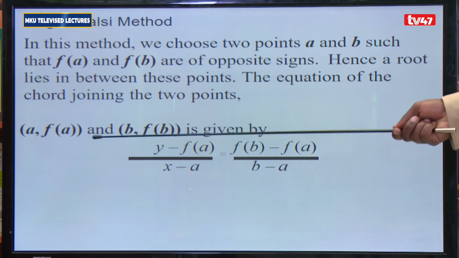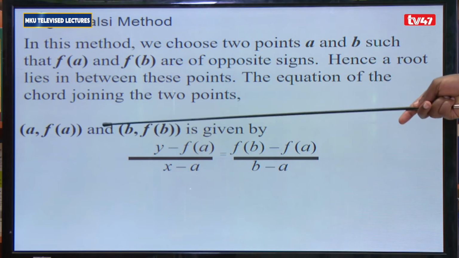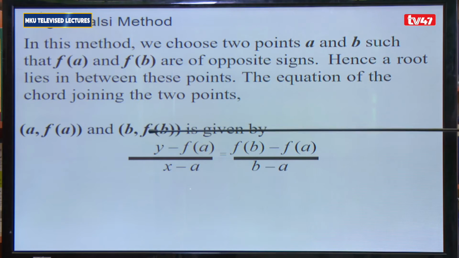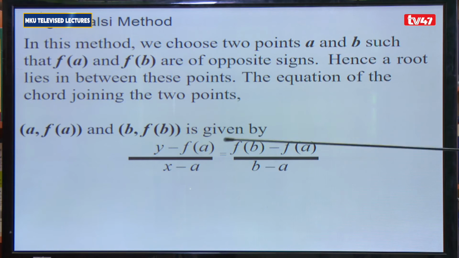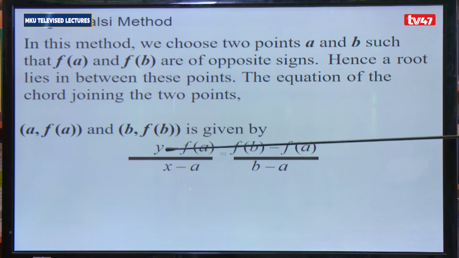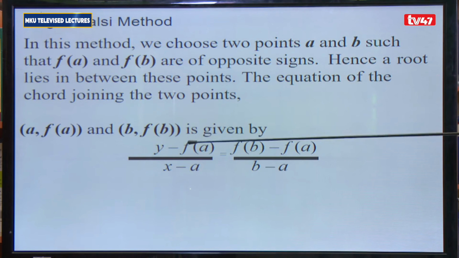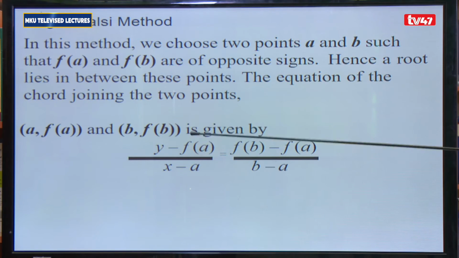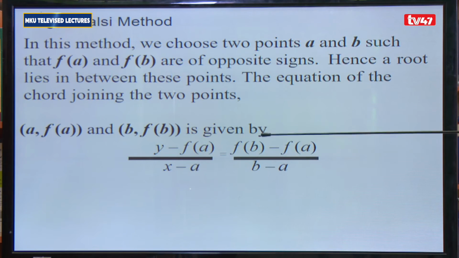If you look at these coordinates, (A, f(A)) and (B, f(B)), this gives us the gradient, and this is how we find the equation of a line. We can easily express y in terms of A, f(A), x minus A, and what we have on the right.